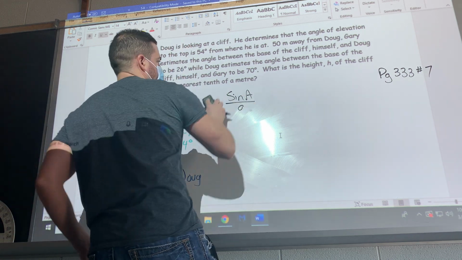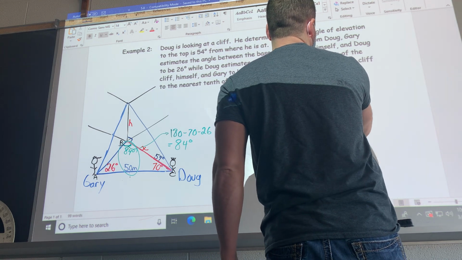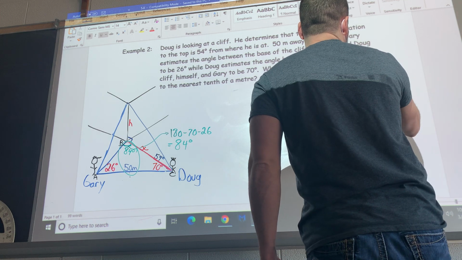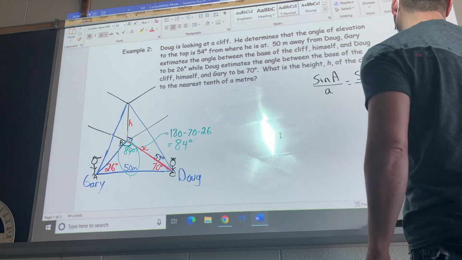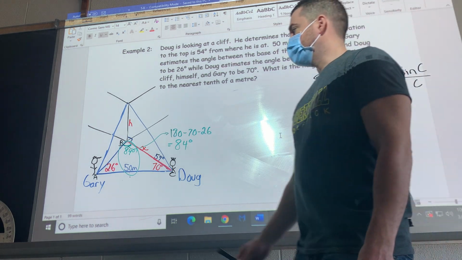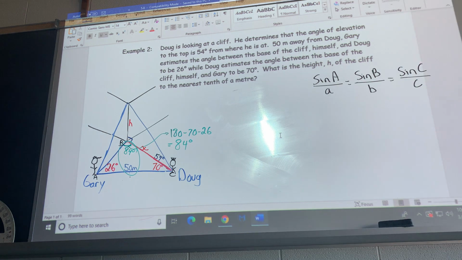I just labeled it A, B, and C so we could start substituting into the sine law.